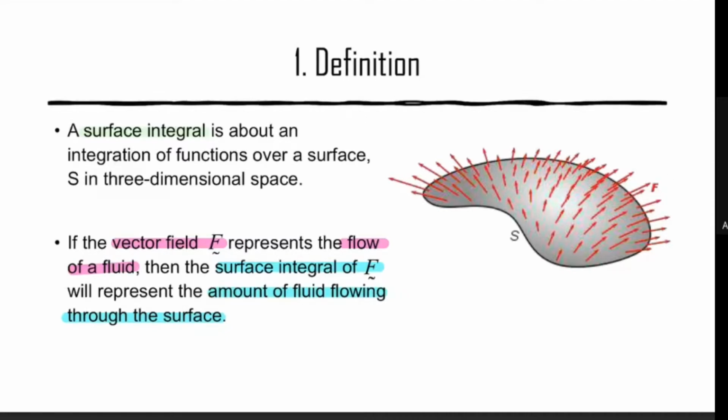So if vector F represents the flow of the fluid. Okay, let's say F is the vector. We have vector F. Vector F is the flow of fluid, for example, flow of water.